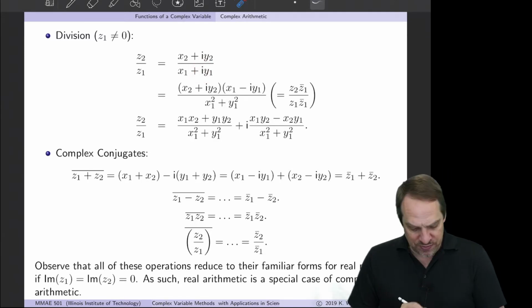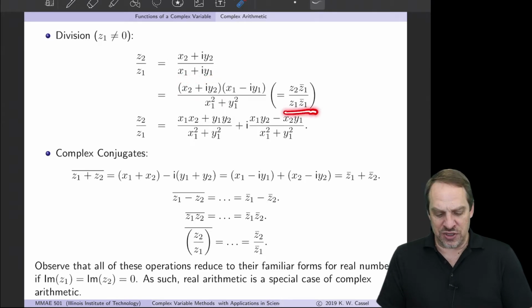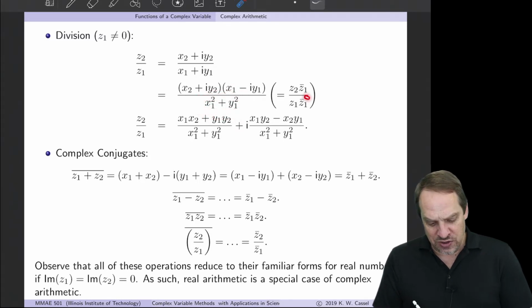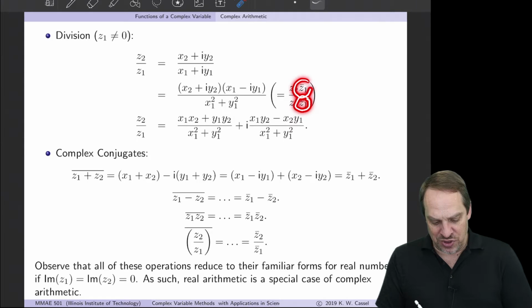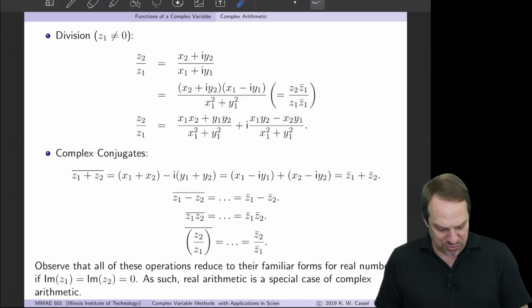So the way we do that is to multiply z1 times its complex conjugate in the denominator, and that will give us the real result, x1 squared plus y1 squared. Well, obviously, if we do it in the denominator, we also have to do it in the numerator. So we get this. Multiply it out, and we get the real part plus i times the imaginary part. Looks a little messy, but that's the quotient.